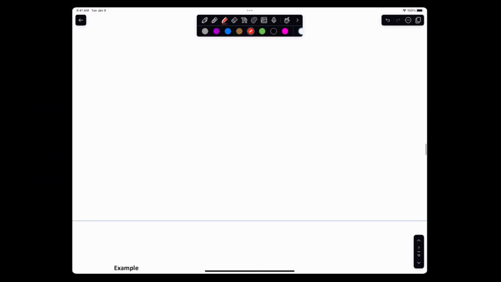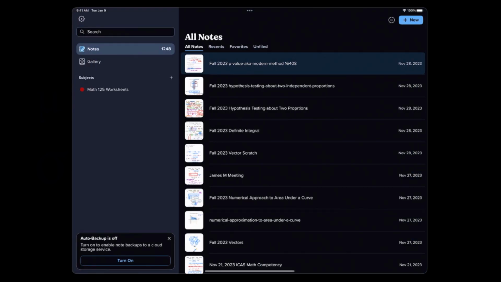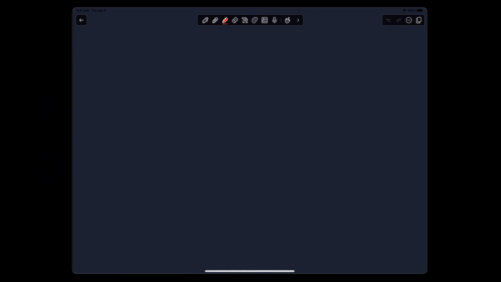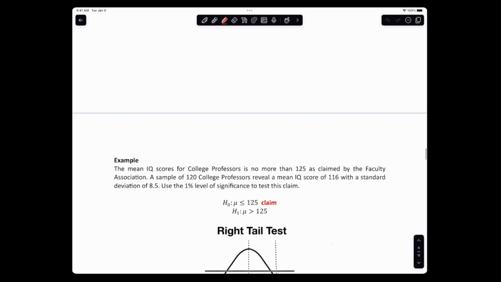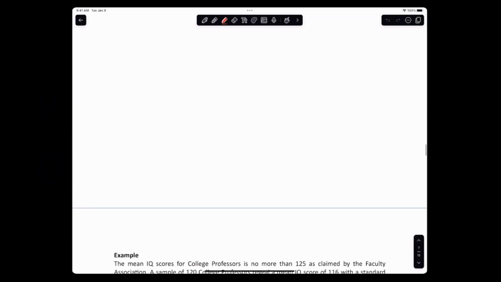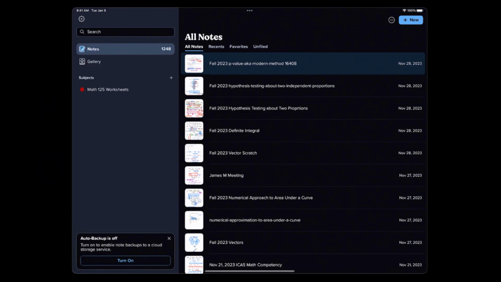Let me give you guys an example here. Let's have you guys try one, okay? Let's see if you guys are awake. I'm going to go through my notes. Let me find this here. I'm going to call this modern method.